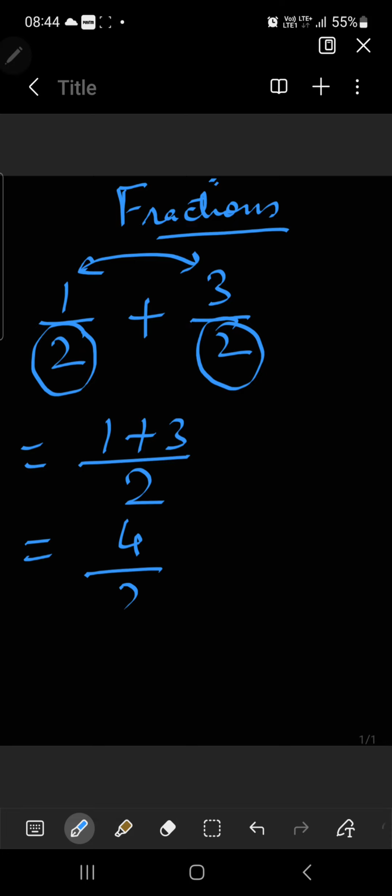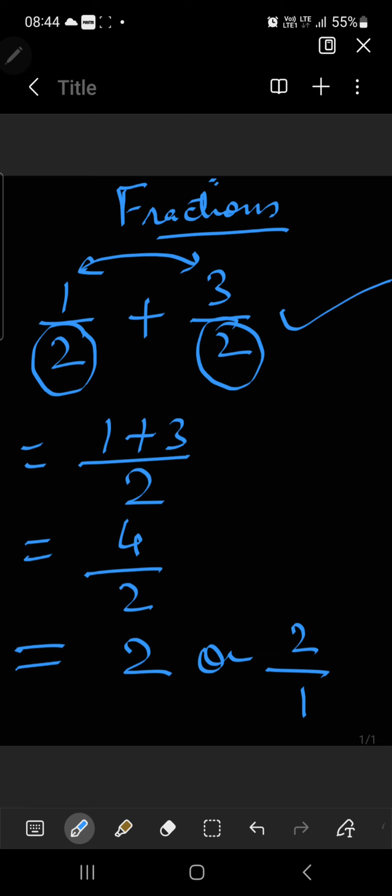We will get 4 upon 2, that will give you answer 2. Or this is 2 over 1.